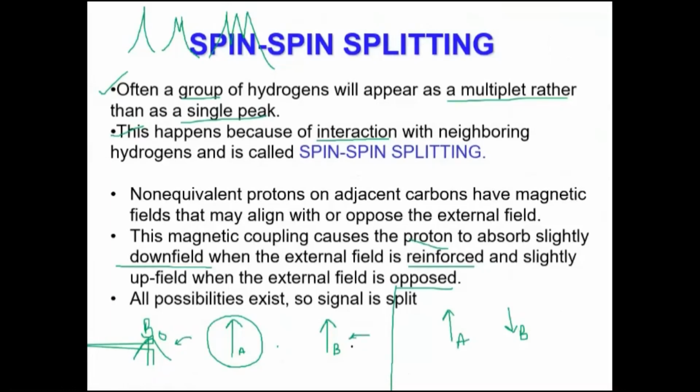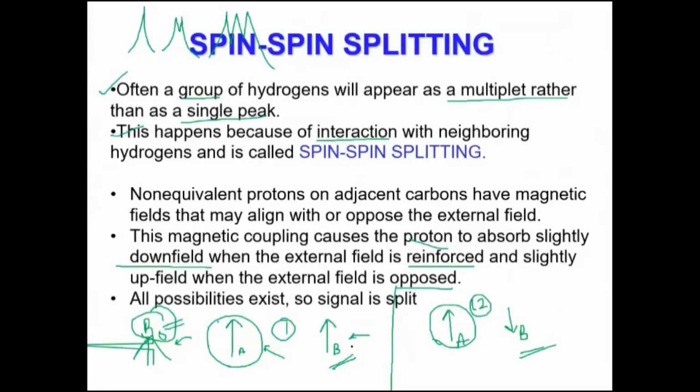So the magnetic field experienced by A will be somewhat more than the applied B0. It will be because of the external magnetic field B0 and the magnetic field of adjacent proton B. So this is condition number 1. In condition number 2, the magnetic field of B is opposing B0. So the magnetic field experienced by A will be slightly less than B0.